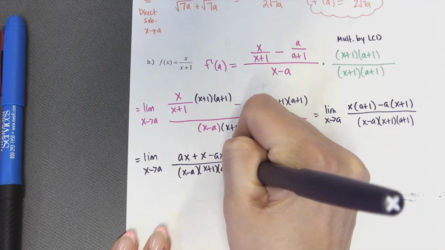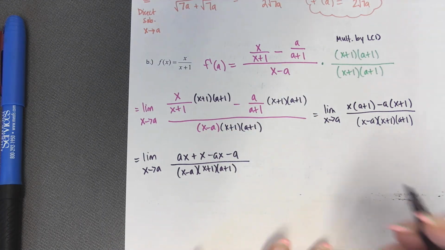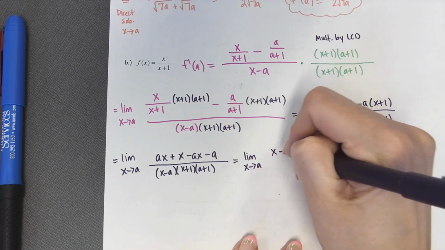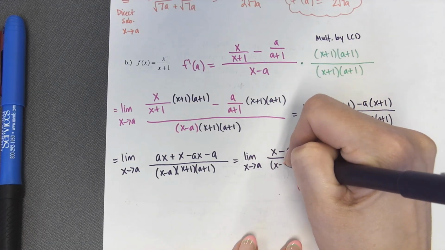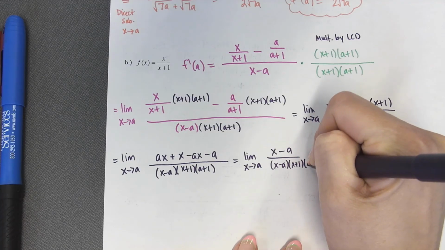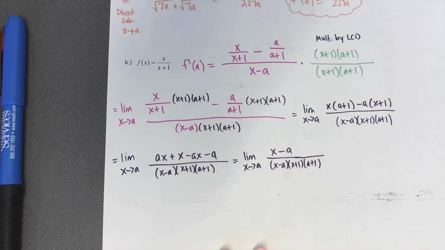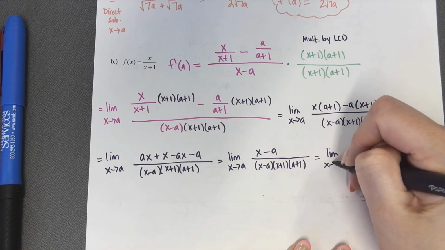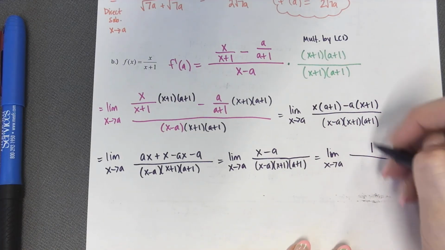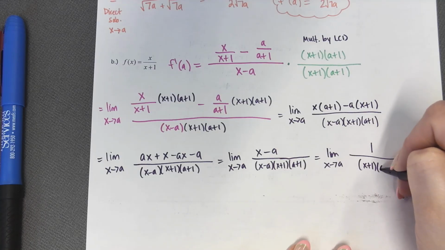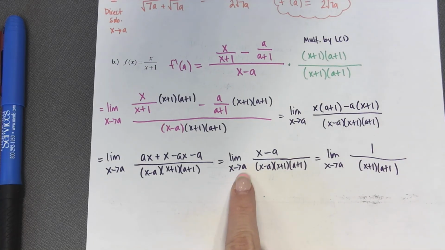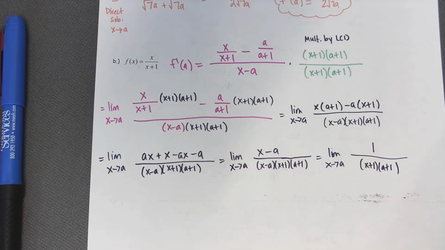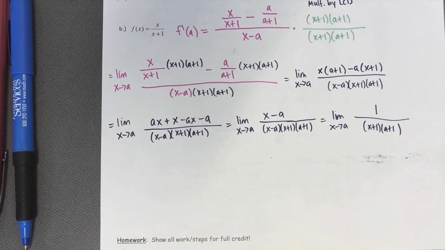We're still leaving the denominator as factors. And then we can see these are going to cancel. So we have 1 over x plus 1, a plus 1. Here, if I were to plug in a, I'd get 0 over 0, so I can't do that yet. You can plug in a in the last one.